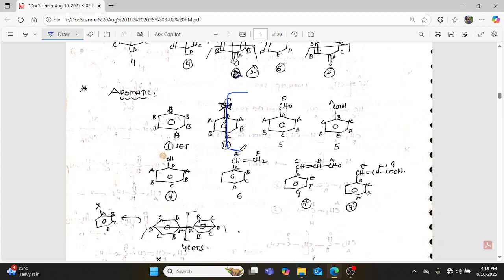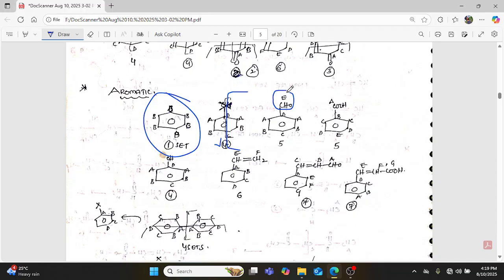See, plane of symmetry. So these two carbons are the same, these two carbons are the same, this carbon is different, this carbon is different. So total how many signals? 4 signals. Unsubstituted, all carbons are the same. Here in this case, 1, 2, 3, 4, and the functional group containing carbon is also different. Simply, where the carbon environment is different, that is chemically non-equivalent, that many signals will appear.